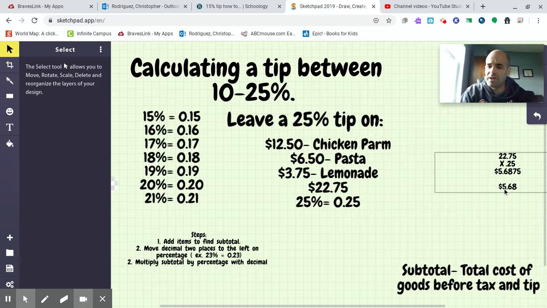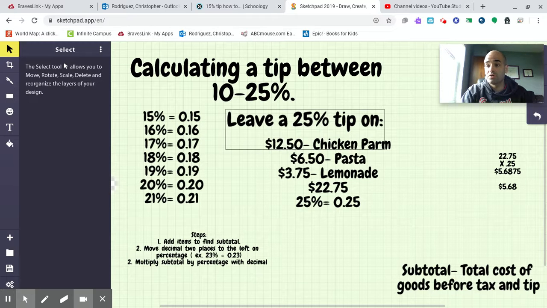So just a quick note before we move on. That's a much bigger tip than in the previous example for the sub and the chips. Now, what you'll notice is that the more money you spend on food and or the higher tip that you give, the more money that the tip costs.